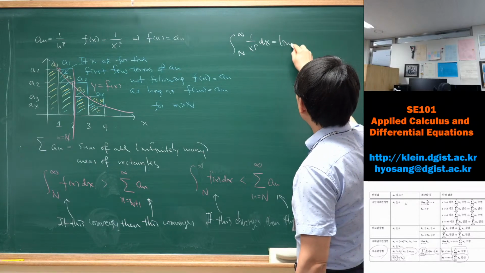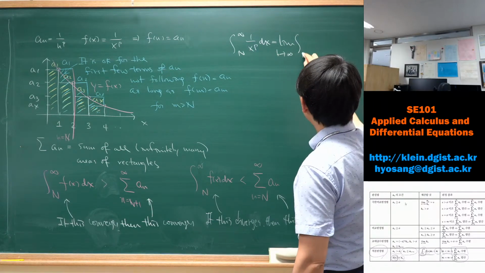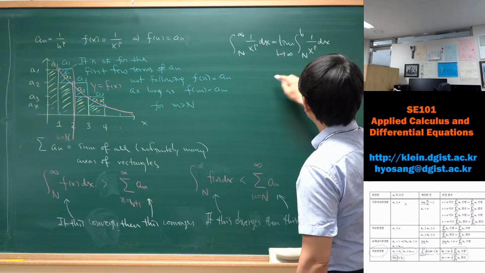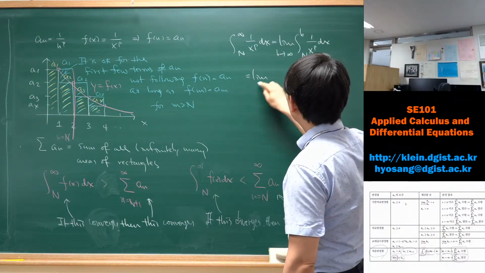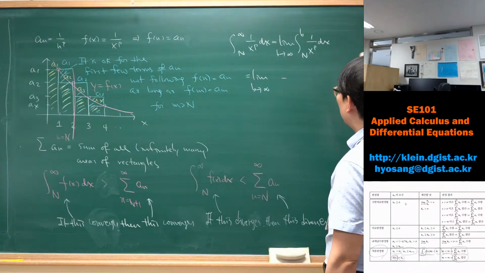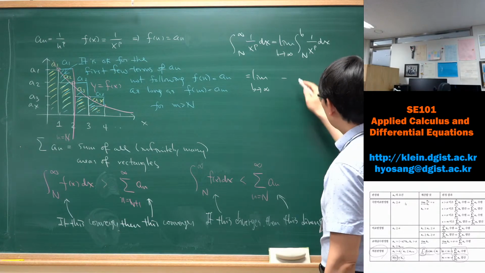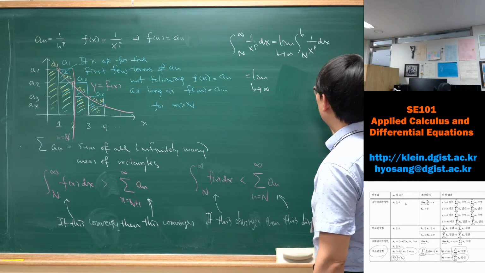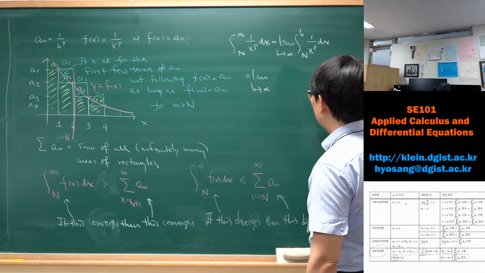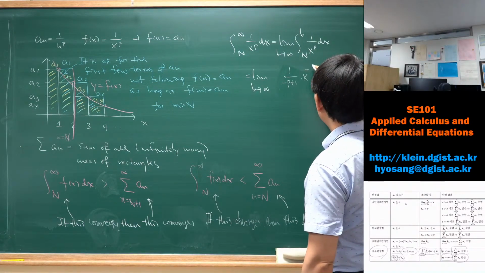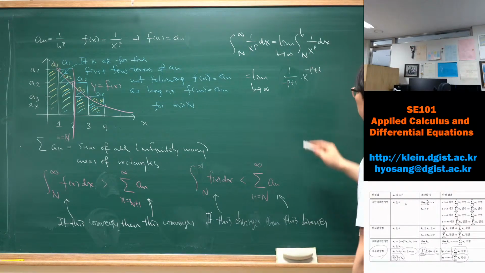This is defined to be the limit as b goes to infinity of the integral from N to b of 1 over x to the p dx, and the limit as b goes to infinity of, here we have x to the minus p, so 1 over minus p plus 1 times x to the minus p plus 1, right?